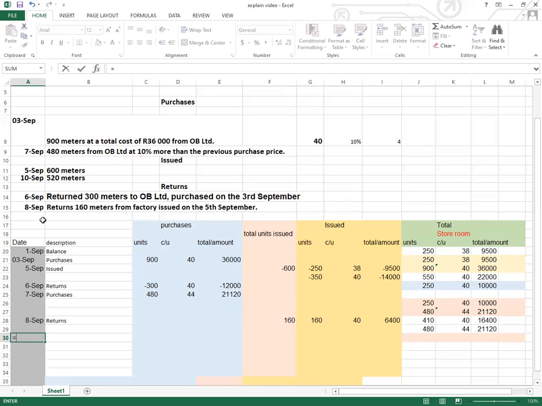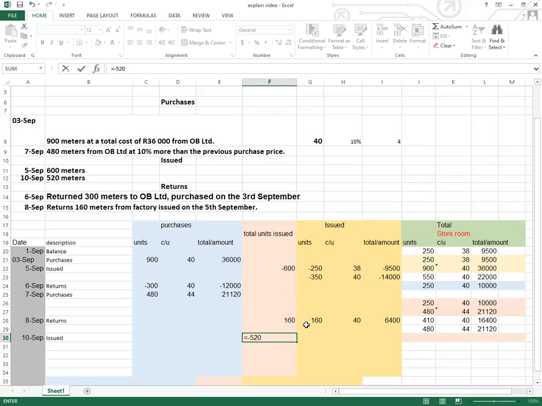From 8, we are on 10 of September. And then 10 of September, we issued how many units? We issued 520 units.